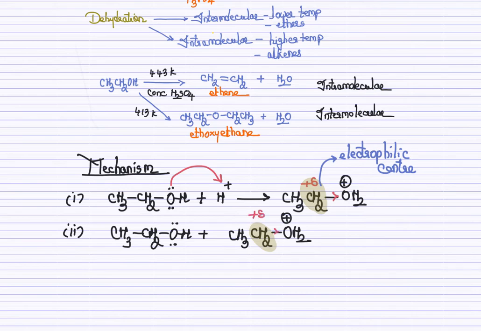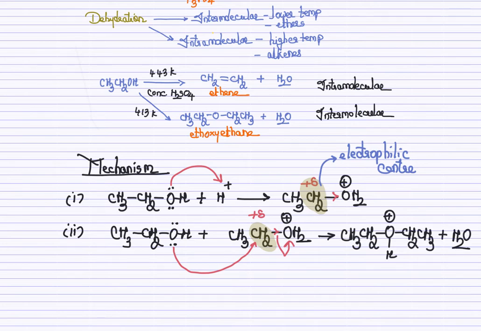Then water leaves, and what you get is CH3CH2OH+ and CH2CH3. Remember, when oxygen uses its lone pair and donates it somewhere, this oxygen attains a positive charge, as you can see here. Along with that, we put water. This is like your protonated ether.